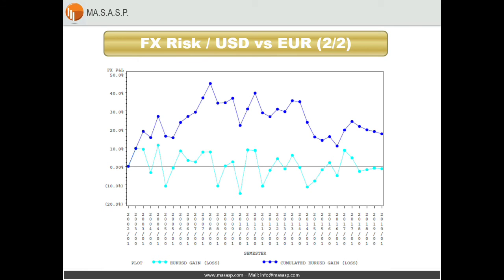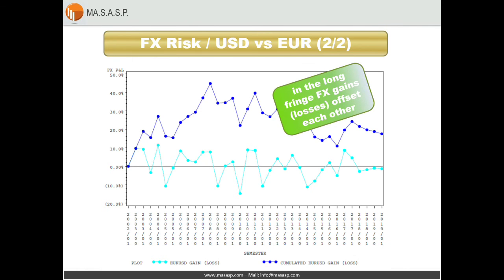In this chart, we can have a look at the Forex exchange gain and losses on a semi-annual time frame in the last 18 years. It is apparent that the shifts in the exchange rate offset each other in the long range.